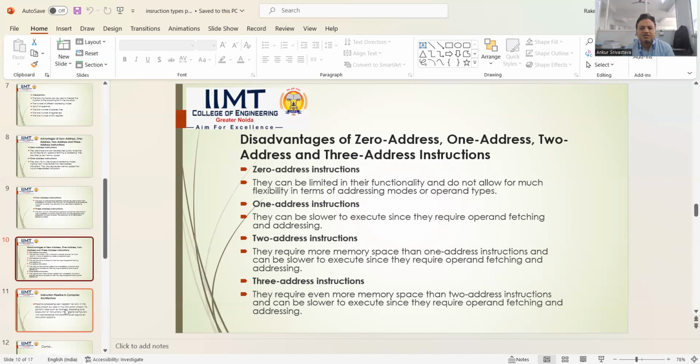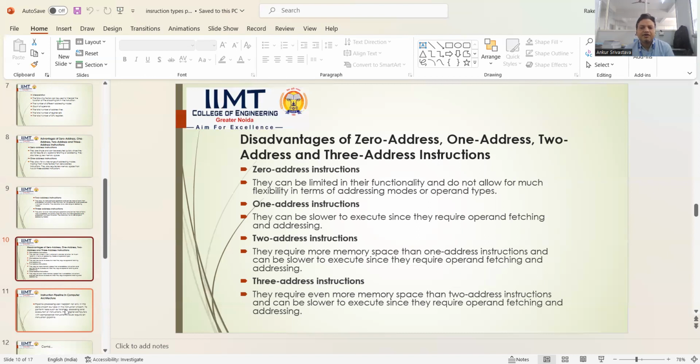Now, the 2 address instruction requires more memory space. Why? Because they use 2 registers over there. That is why they require more memory space than 1 address instruction and can be slower to execute. They require operand fetching and addressing, and similarly, why are they slower?